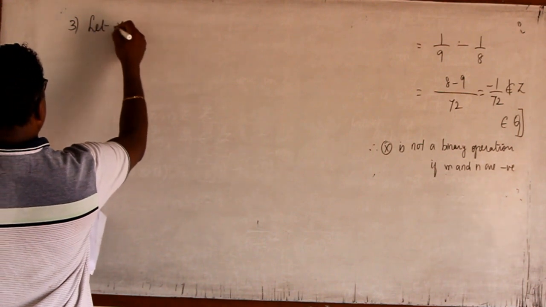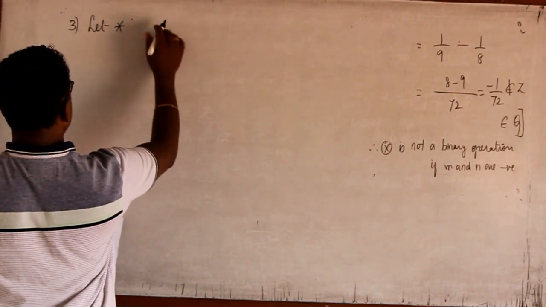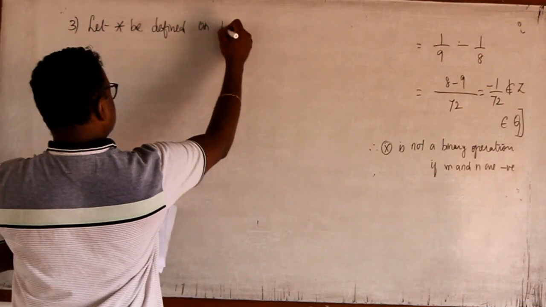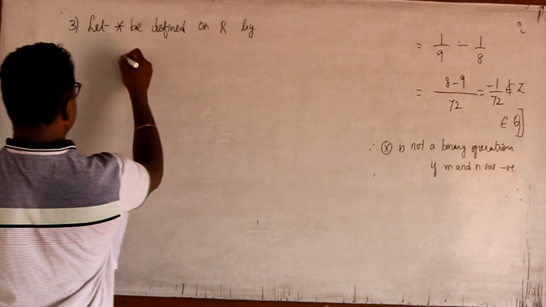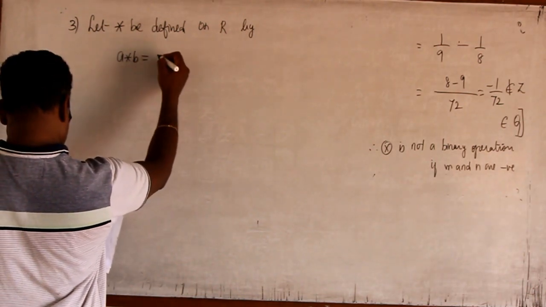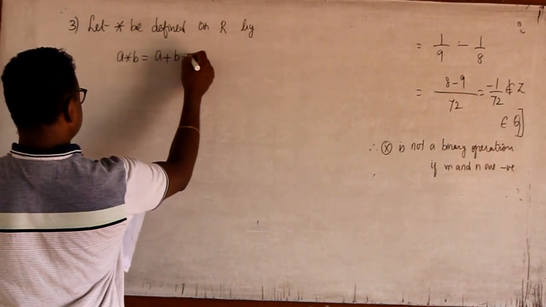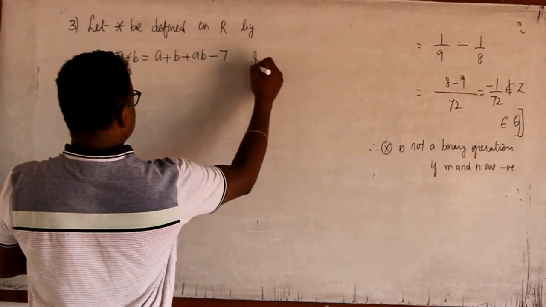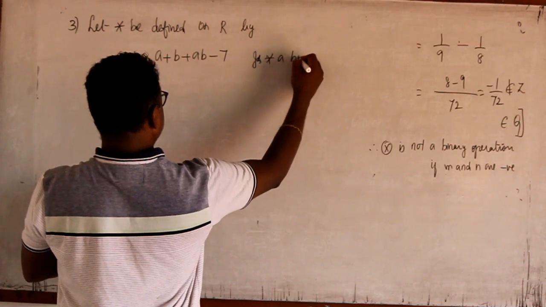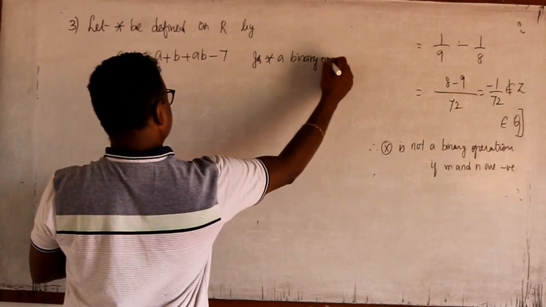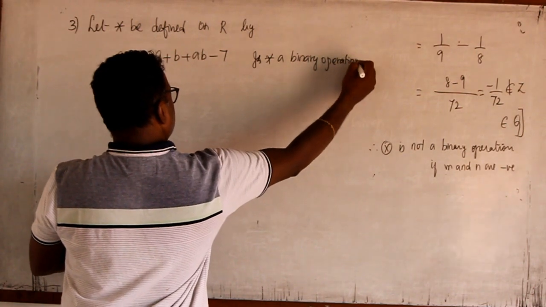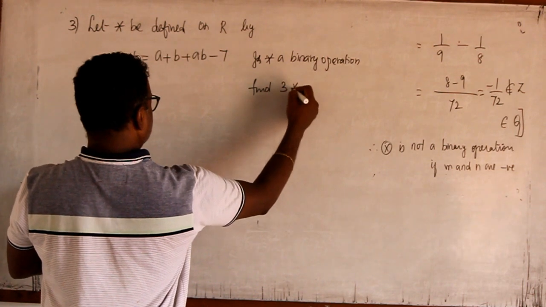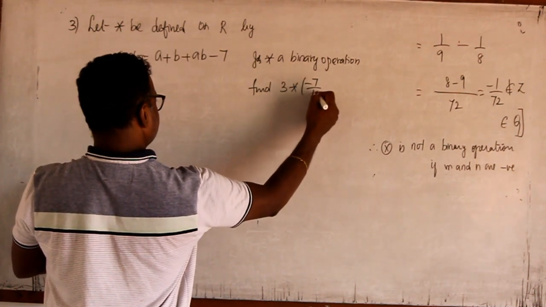Let star be defined on R by A star B equal to A plus B plus AB minus 7. Is star a binary operation? And also find, they are asking us to find 3 star minus 7 by 15.